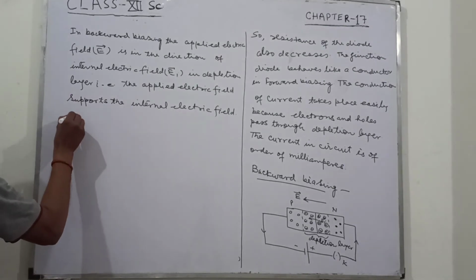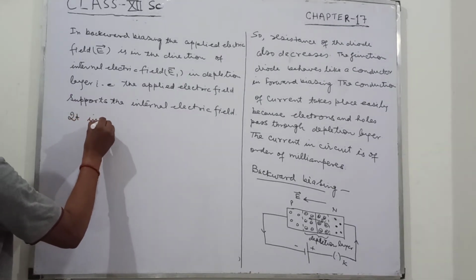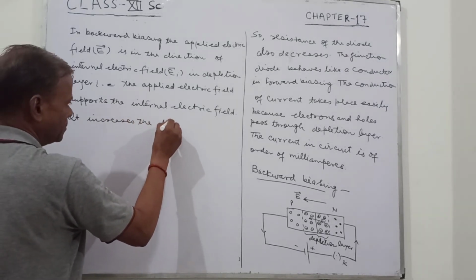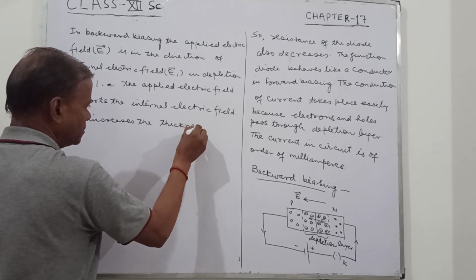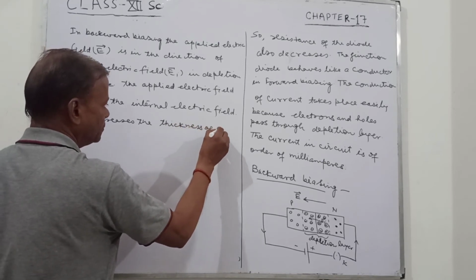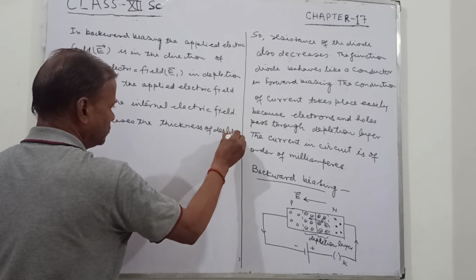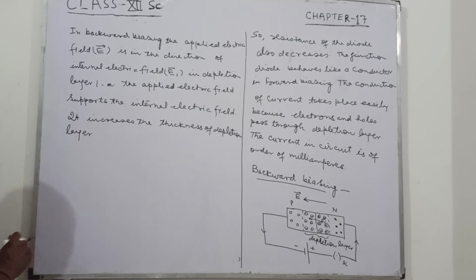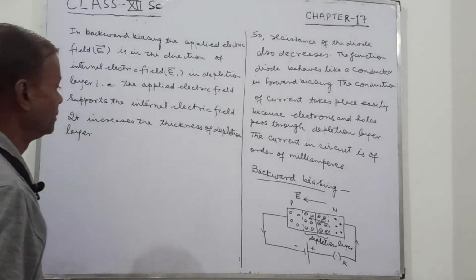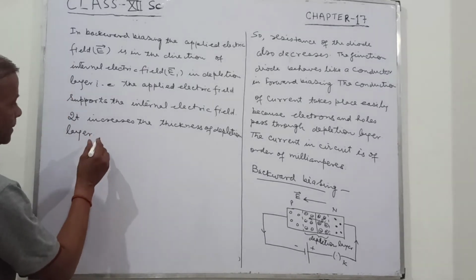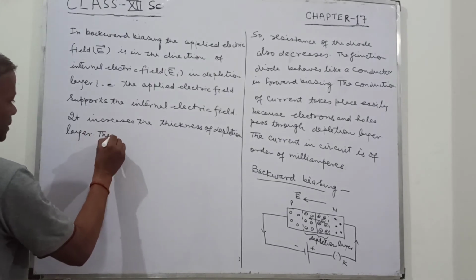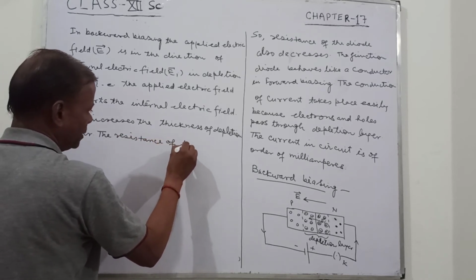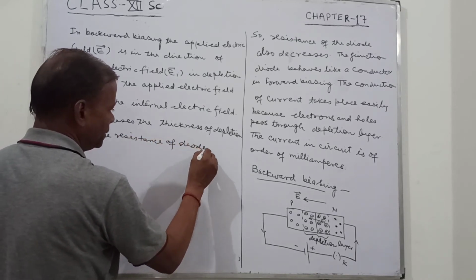It increases the thickness of the depletion layer. The resistance of the diode increases.